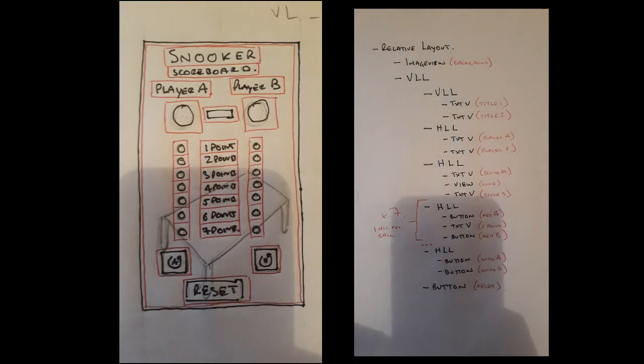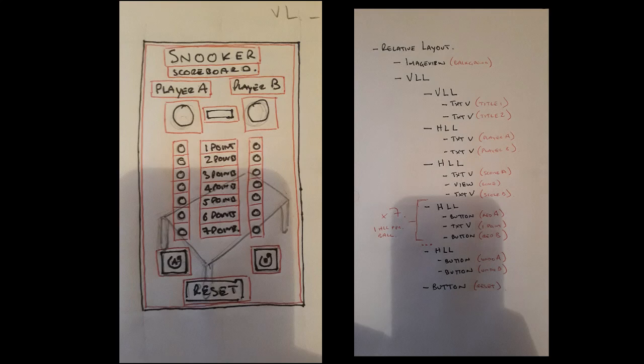So from that, I started to think about what the various view groups would be that I'd need and how best to lay this out. This diagram shows the idea that I had, to use a relative layout initially.